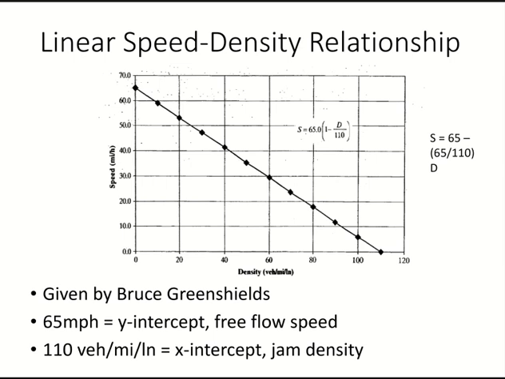This is the initial equation, this is the final equation. Any problem? Now in this equation we had the maximum value of density. We call it jam density. We have the maximum value of speed. We call it free flow speed. Got it? Any questions?